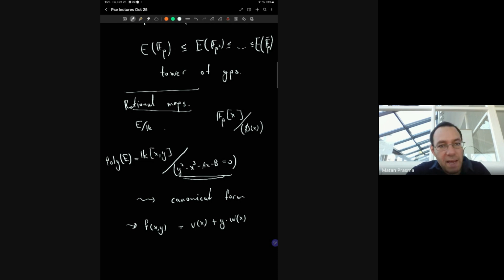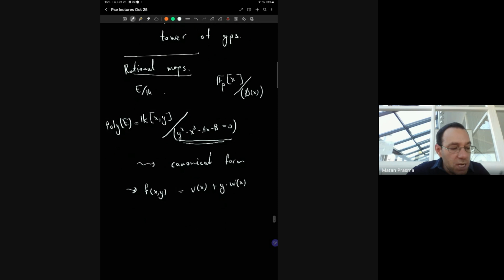So this is the algebraic description, but it's not just an algebraic description. I can actually think of a polynomial over E as a function.